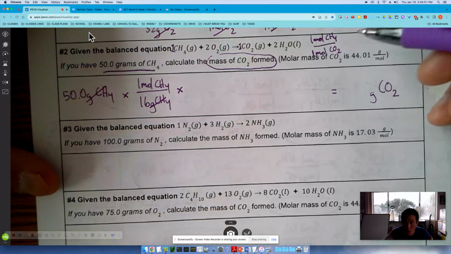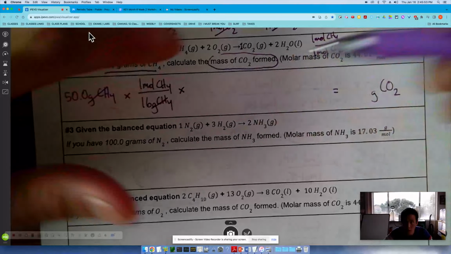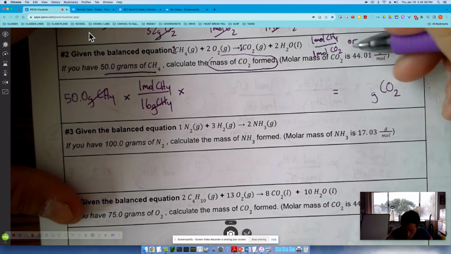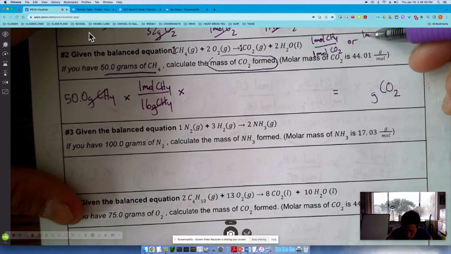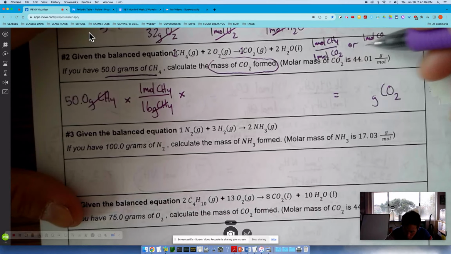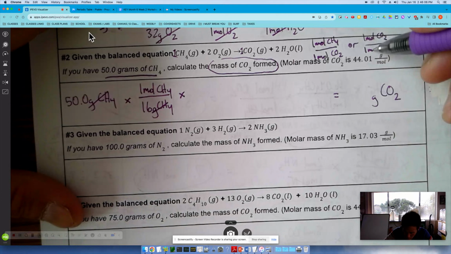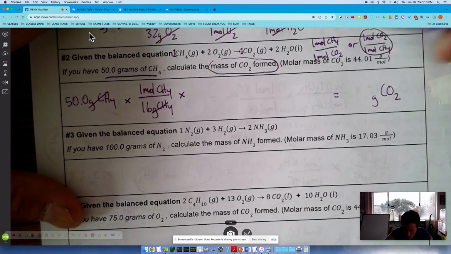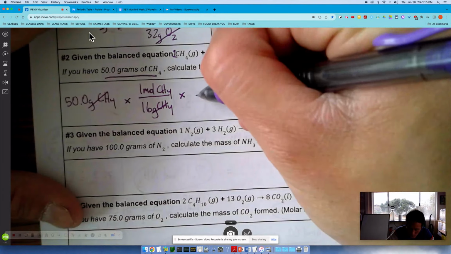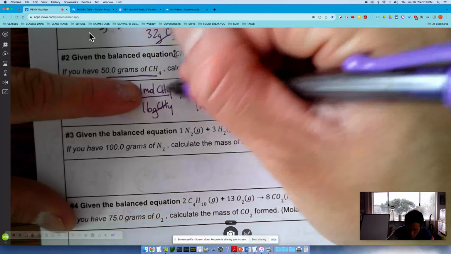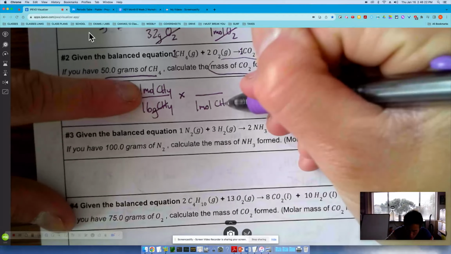I can multiply this by this or this form, where the 1 mole of CO2 will go on the top, and the 1 mole of CH4 will now be in the bottom, or the denominator. Which version do I want? I want this version. Again, the reason why is I want to cancel out the units of moles of CH4.